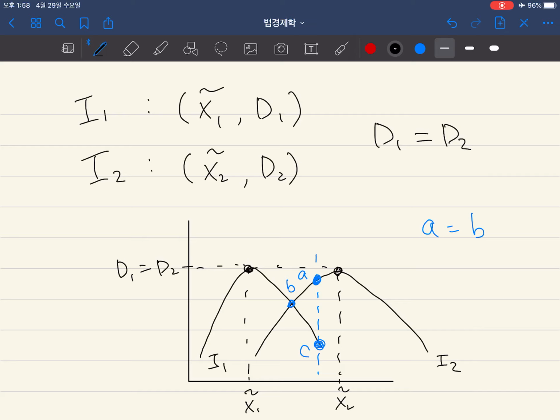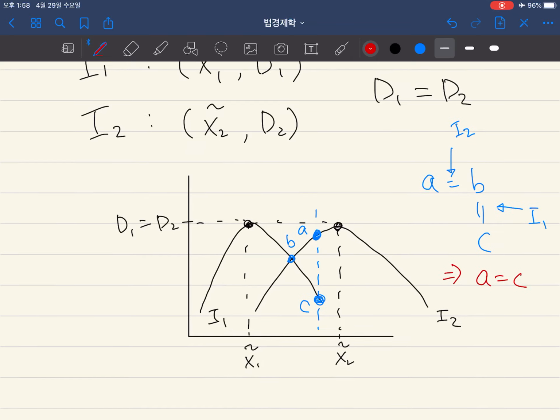Cost must be the same between A and B because A and B are on I2. And B and C must be the same because B and C are on the same isocost curve I1. Then it must mean cost must be the same at A and C.